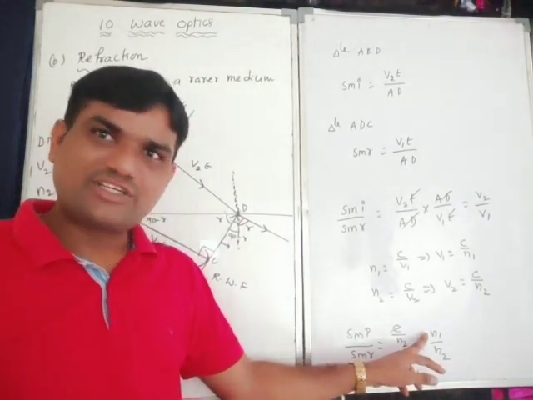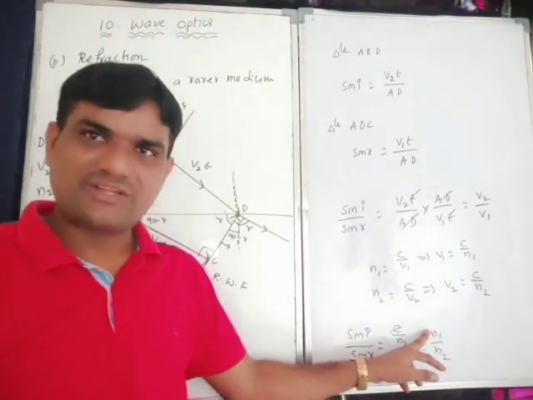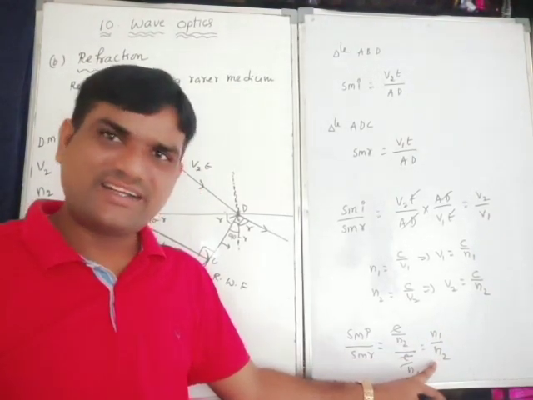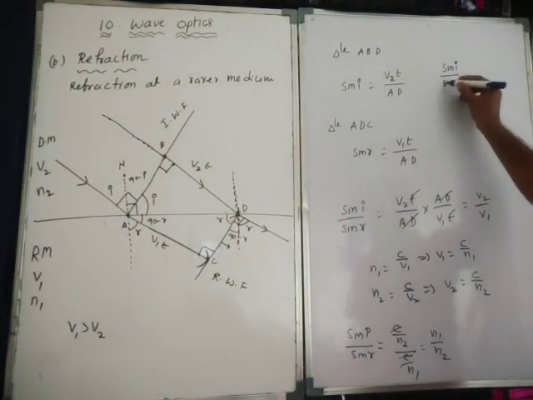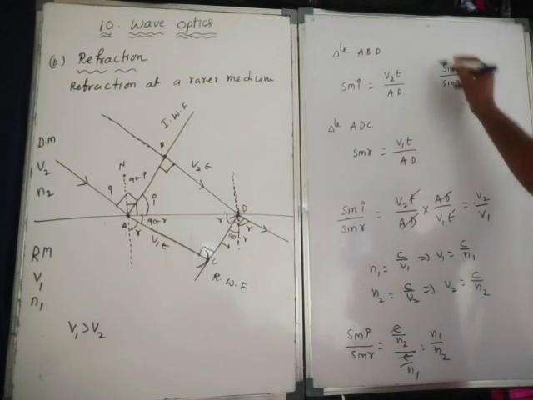Sin I by sin R is equal to N1 by N2, where the numerator is the refractive index of the refracting medium, and the denominator is the incident medium. Yes, correct only. Yes or no? So this is our formula. Sin I by sin R is equal to N1 by N2.